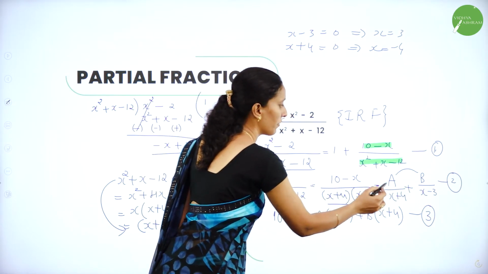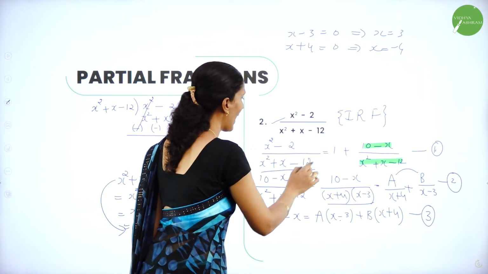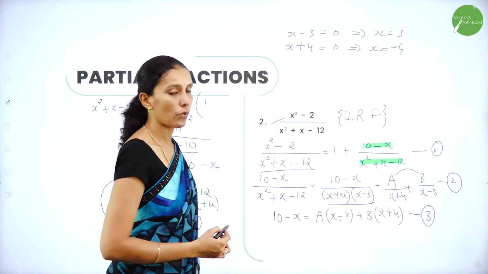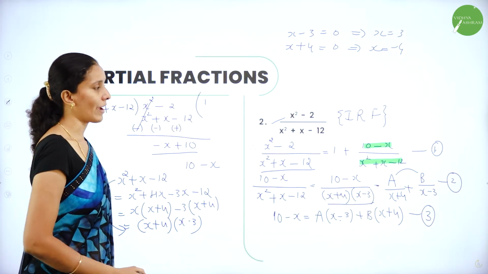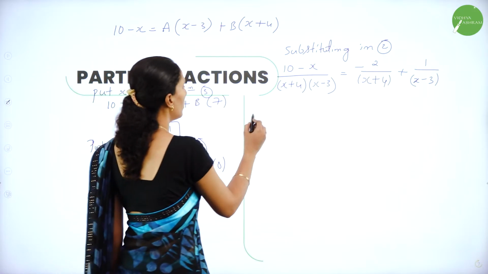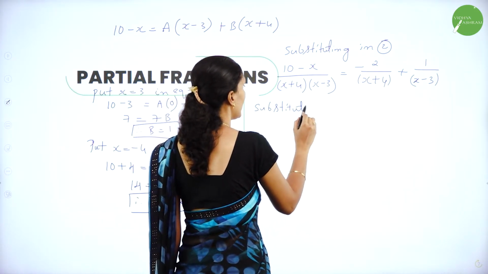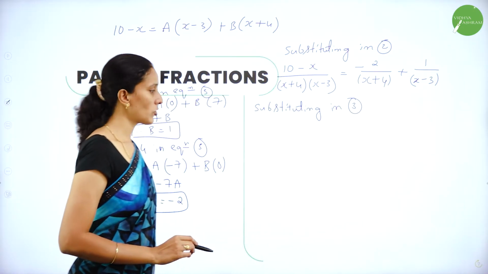Now we got the values of a and b, we have substituted in equation 2. So now for the rational function given, we will replace (10 minus x) by (x square plus x minus 12) with the new simple fractions. So therefore, substituting again in 3. So what was the rational function given before?